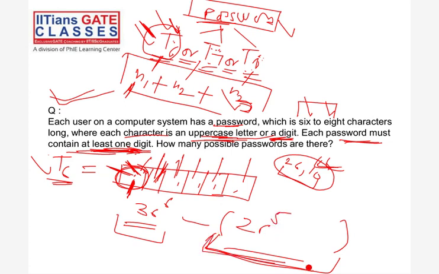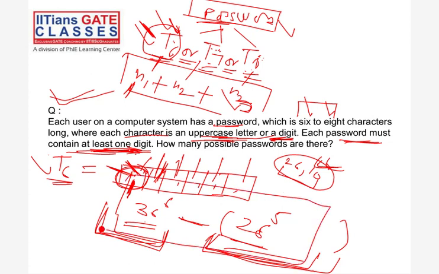These are the passwords which do not contain any digit, and the others are the total six length passwords. If we subtract these from the total, we get the passwords which have at least one digit. So this is what we wanted. So this is our n1.